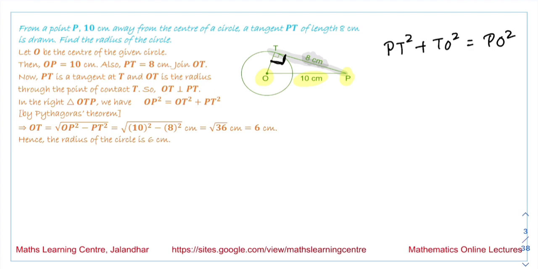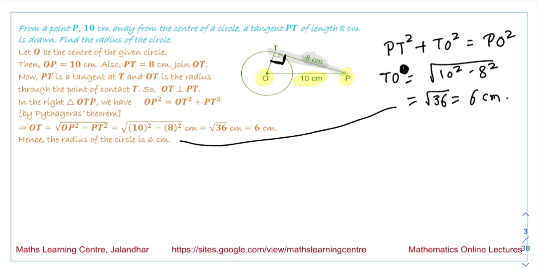We want to find the value of TO, so that will be square root of 10 square minus 8 square. That is equal to root 36. This is TO value, this is 6 centimeters, and this is the radius of the circle.